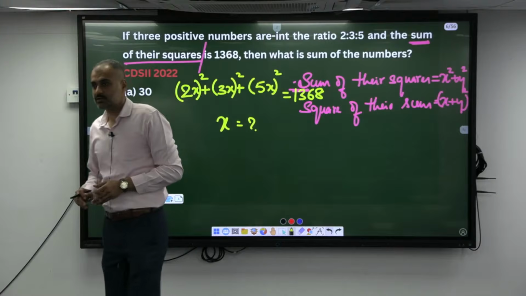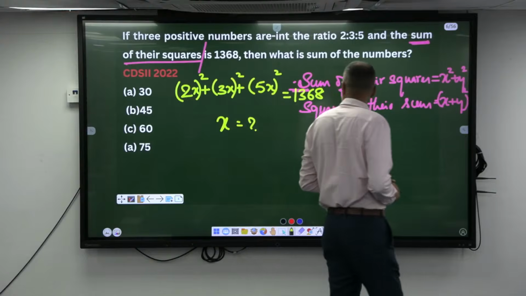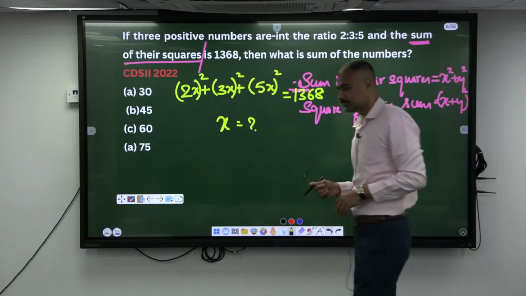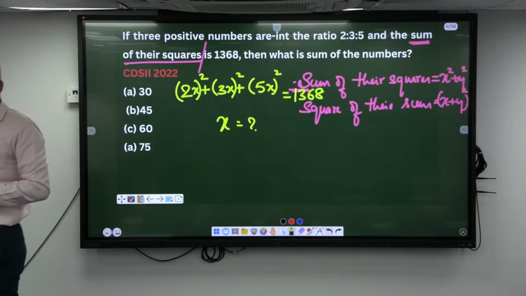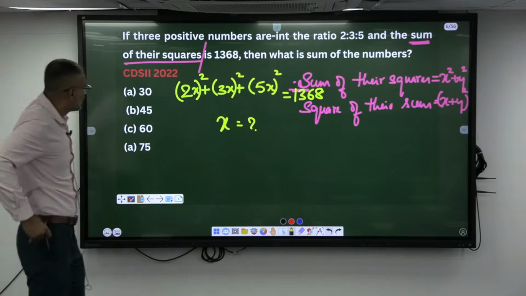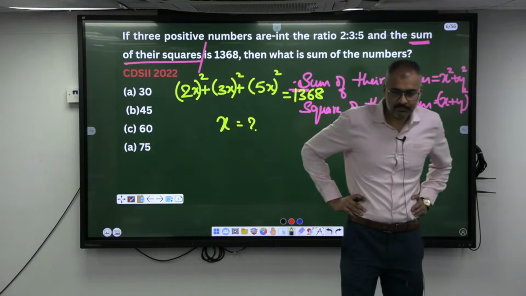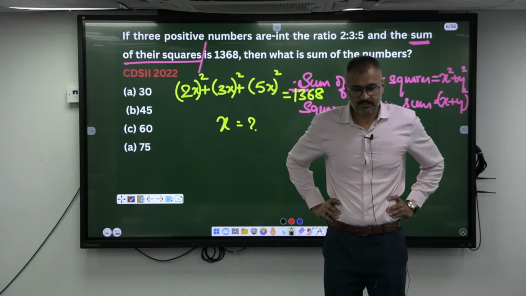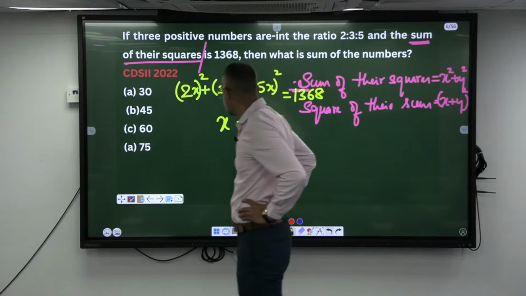Sum of their squares, squares of their sum. 4 plus 9 plus 25. What's the answer? 60, is it?